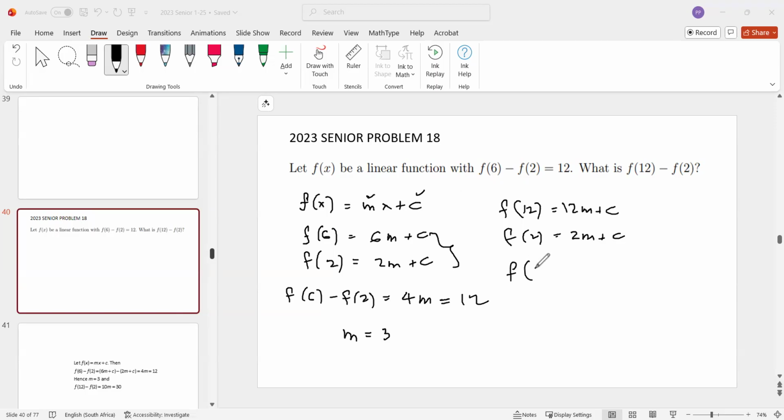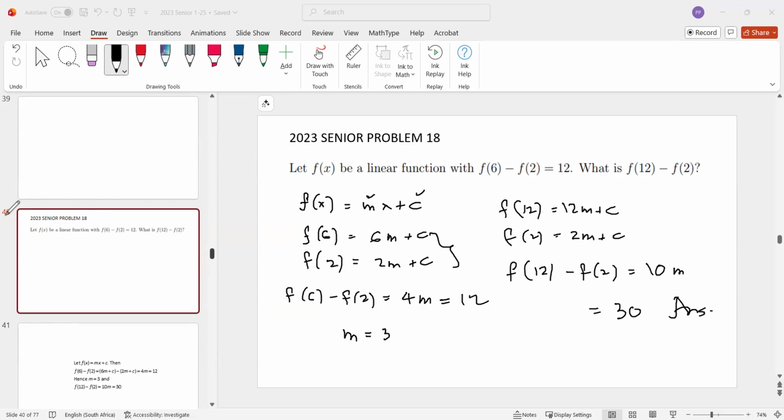So f of 12 minus f of 2, to subtract these two, c minus c is cancelled, and 12 minus 2 is 10. So you get 10m, but we saw that m is equal to 3, so this is 30. So that's the answer. The answer to this question is 30, problem number 18.